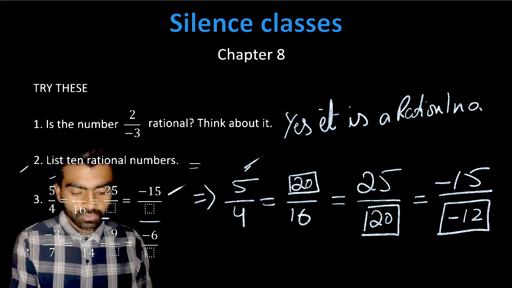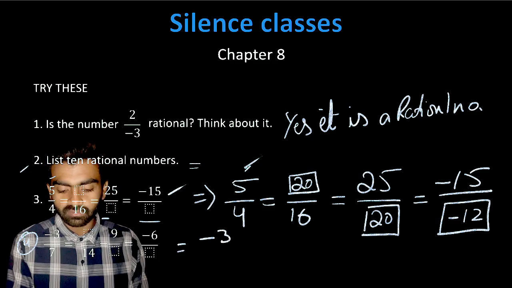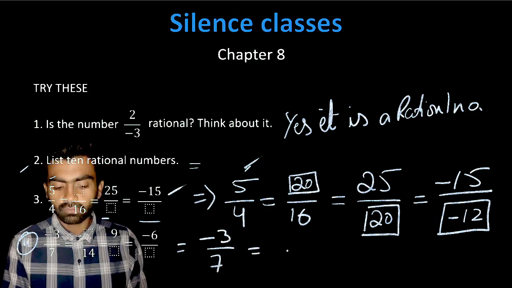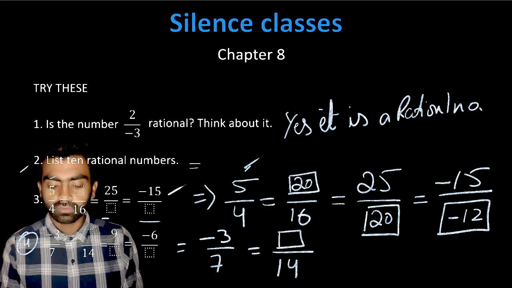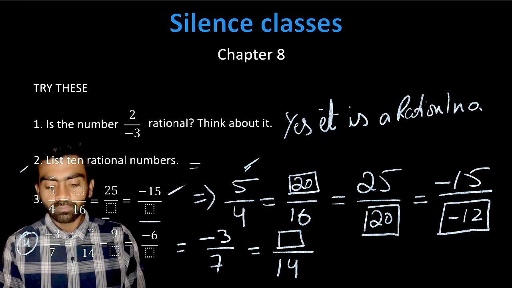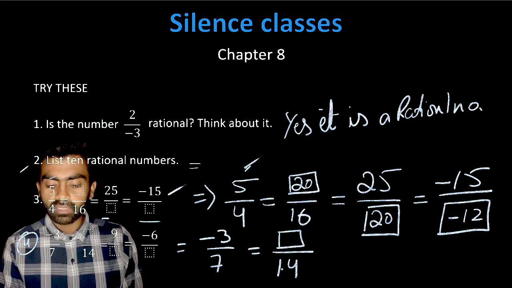Now the fourth question is minus 3 upon 7 is given to us. Minus 3 upon 7 is equals to 14 is given to us. You can check that the number is positive. What do we have to multiply to get 14?